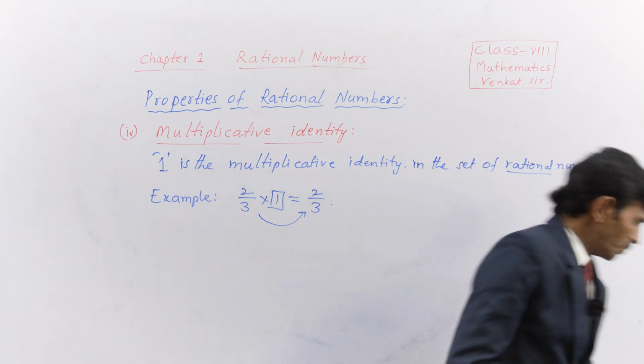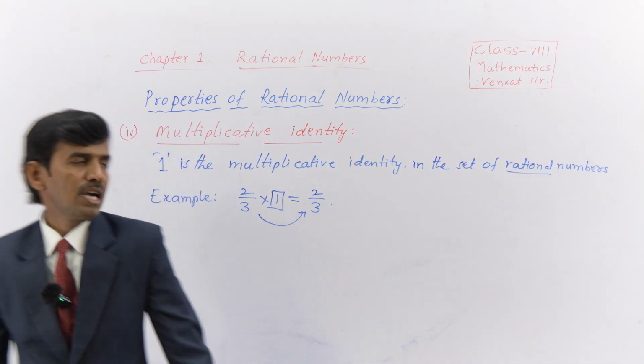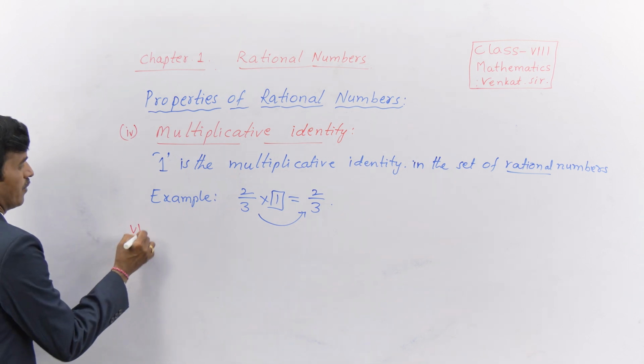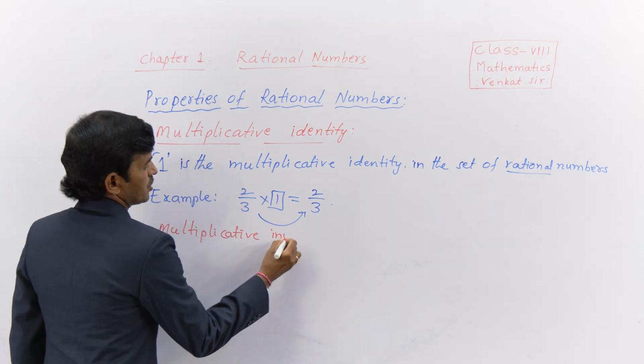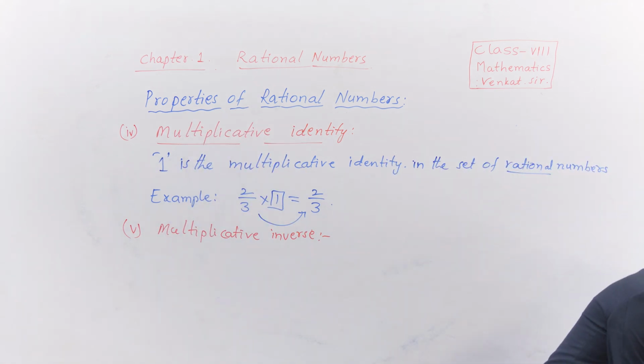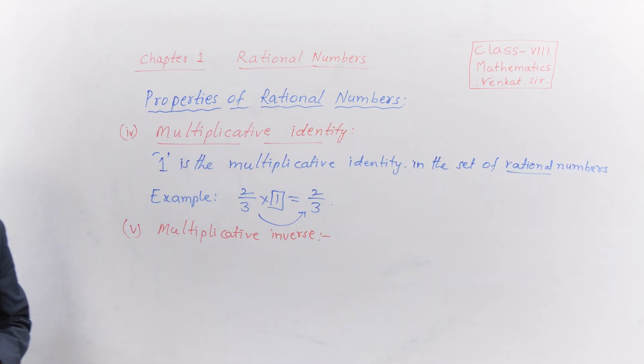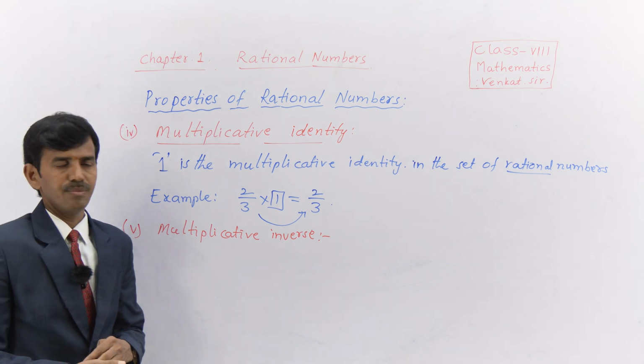Next one, last but not least, is the multiplicative inverse. What is the multiplicative inverse of a given number? How do we find it? If you consider 2 by 3, what is its inverse? Inverse is nothing but the reciprocal of the given number.